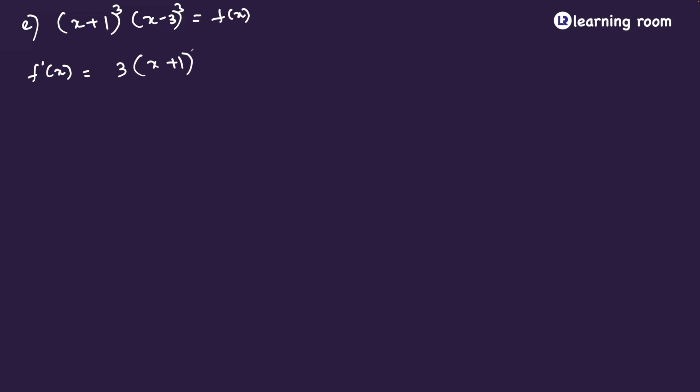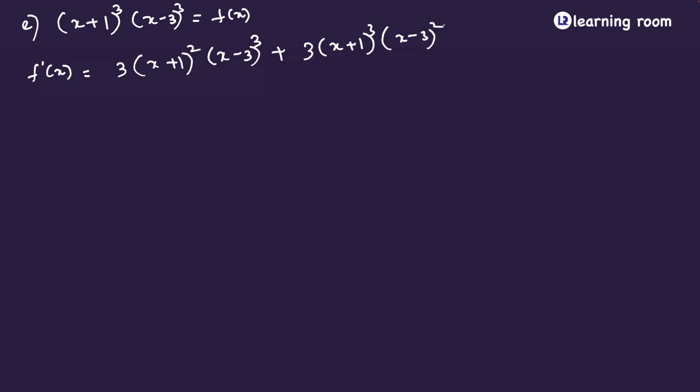Okay, sir. Yeah. See, listen. If I take the problem E, it is x plus 1 the whole cube into x minus 3 the whole cube. If I take this to be f of x, then what is f dash of x? So you'll apply UV rule, no? 3 into x plus 1 the whole square into x minus 3 the whole cube, plus 3 into x plus 1 the whole cube into x minus 3 the whole square.